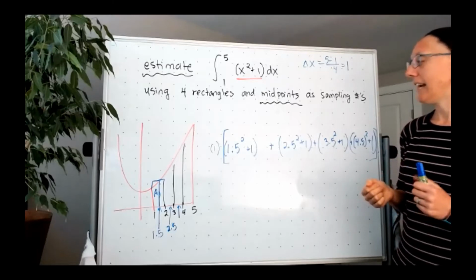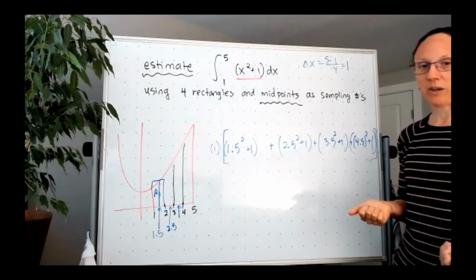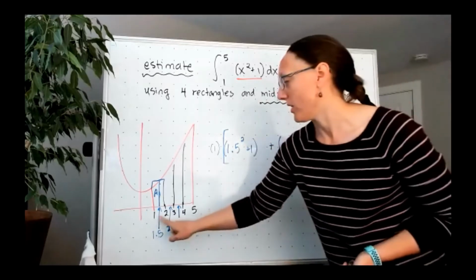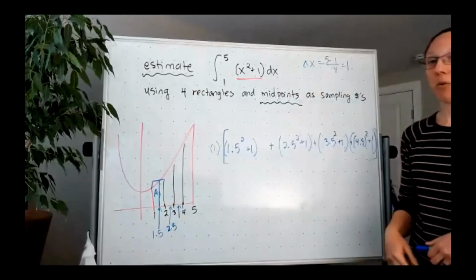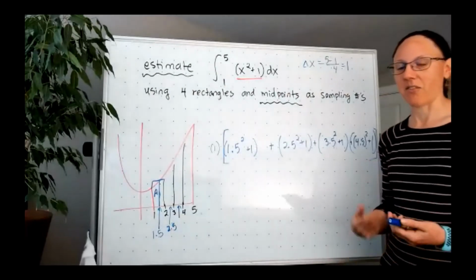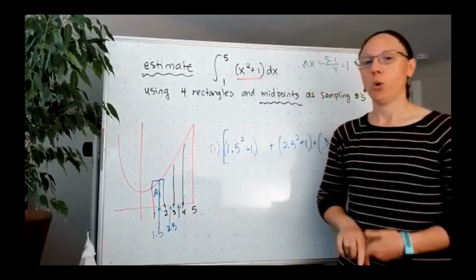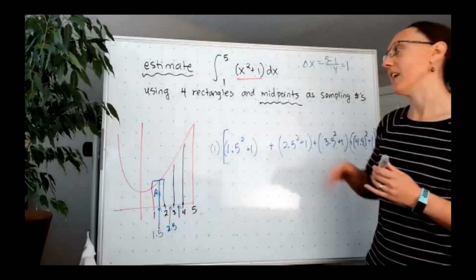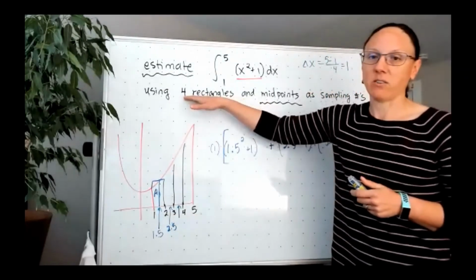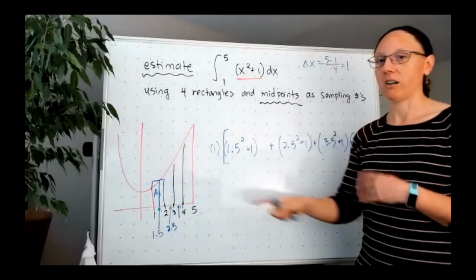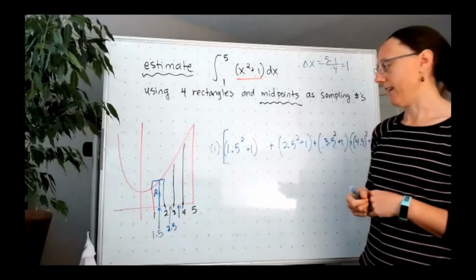If we wanted to use left-hand endpoints, then the numbers that we would be plugging in for x would be the 1, 2, 3, and 4. And if I wanted right-hand endpoints, then the numbers I would be plugging in for x are 2, 3, 4, and 5. One of the things to note is that if I'm using 4 rectangles, then I'm only ever using 4 of the x values.